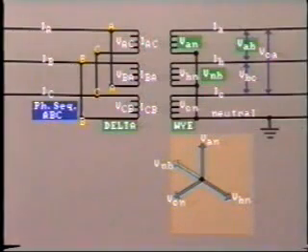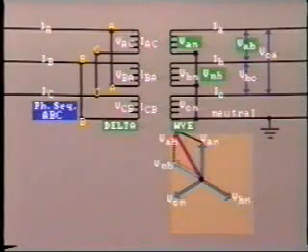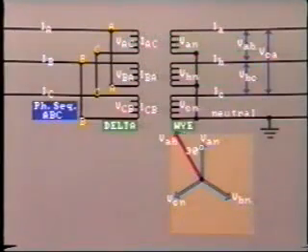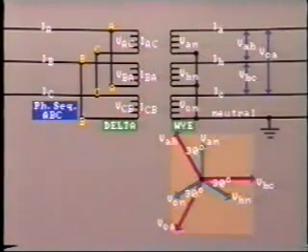So now we must add VAN and VNB to get phasor VAB. We find that VAB is leading VAN by 30 degrees. Similarly, the voltage between lines B and C, that is VBC, is leading VBN by 30 degrees. And the same relationship goes for VCA.